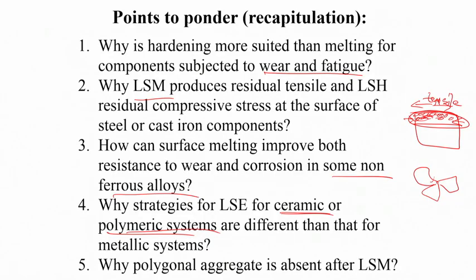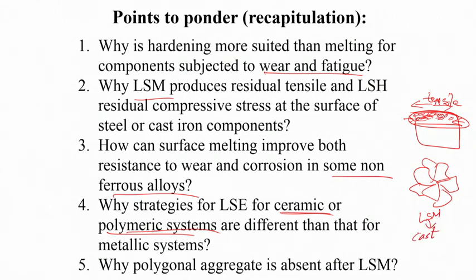In case of surface melting of metallic components, like the way I was showing in case of magnesium alloys, usually you don't necessarily develop a nice polygonal microstructure. So this is difficult to develop by surface melting. That's because when you do laser surface melting, what you develop is a cast microstructure.